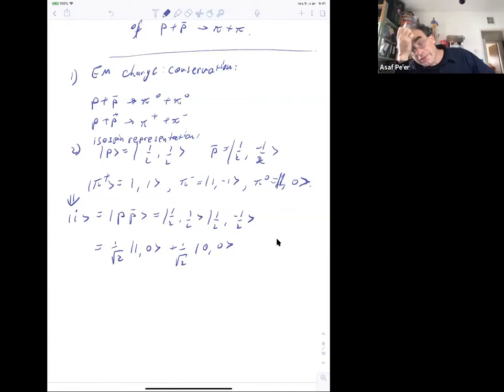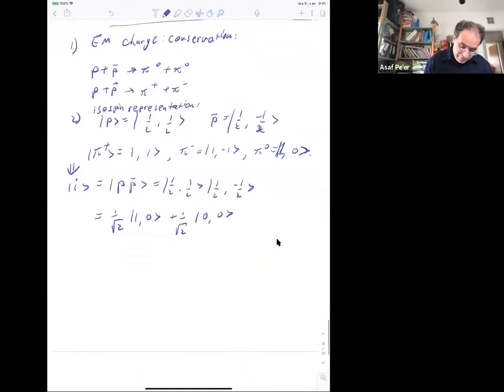What we really take here is from the Clebsch-Gordan coefficients. So if you're not sure, just go to the Clebsch-Gordan table. And the same we do for the final state. Now we have 2 options. Either it's a pi plus, pi minus, which is 1, 1 and 1, minus 1.